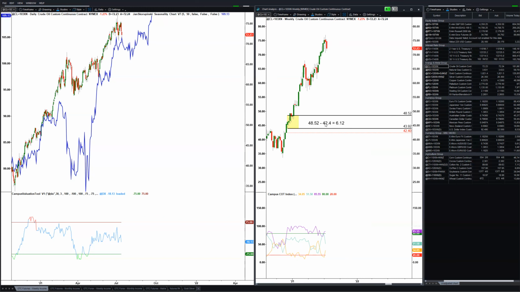So now, since we know how many ticks equal roughly 1 point or $1, how many cents? If you know it moves in cents, it's the smallest increment. So how many cents to a dollar, ladies and gentlemen?